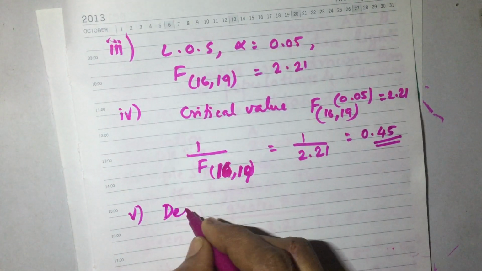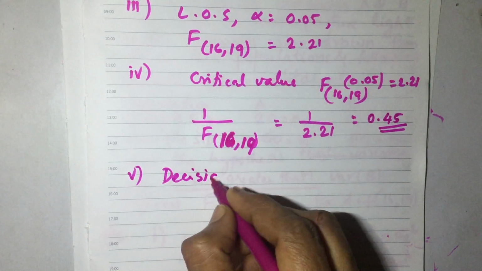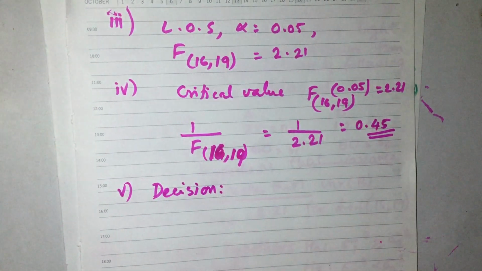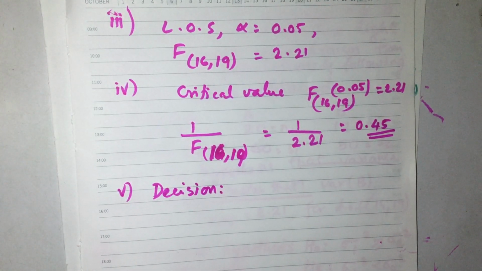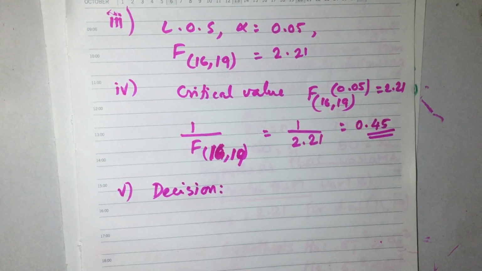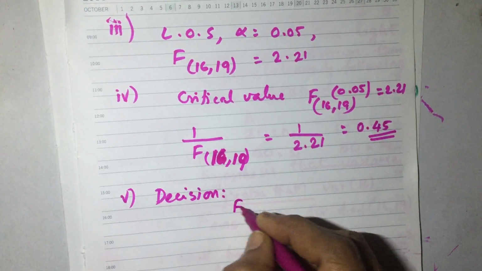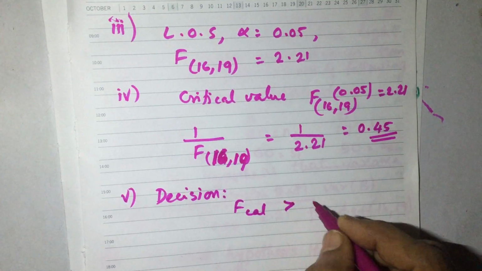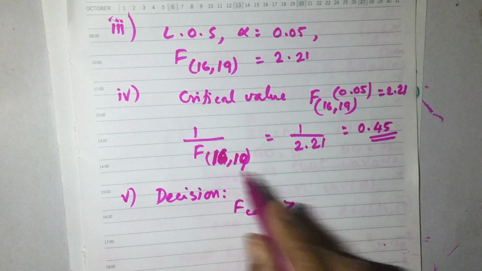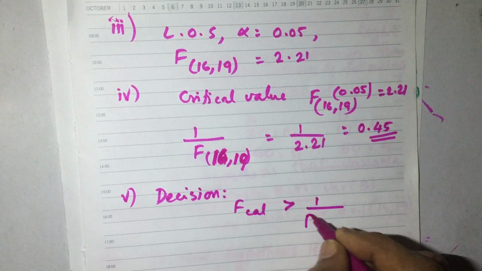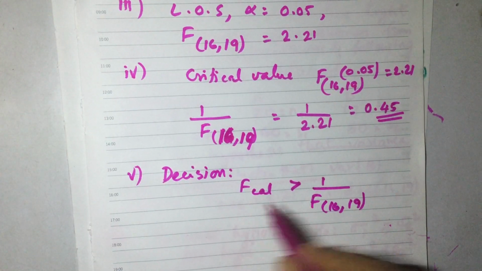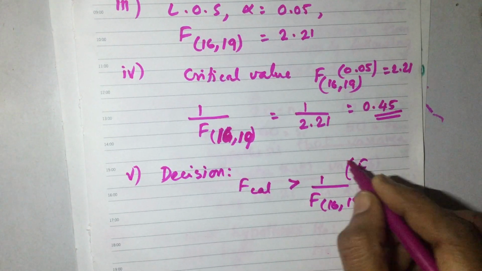Okay, now the decision you have to take. The F calculated value we have is 0.74. This is greater than 1 upon F of 16, 19, that is, the calculated value is greater than this table value.